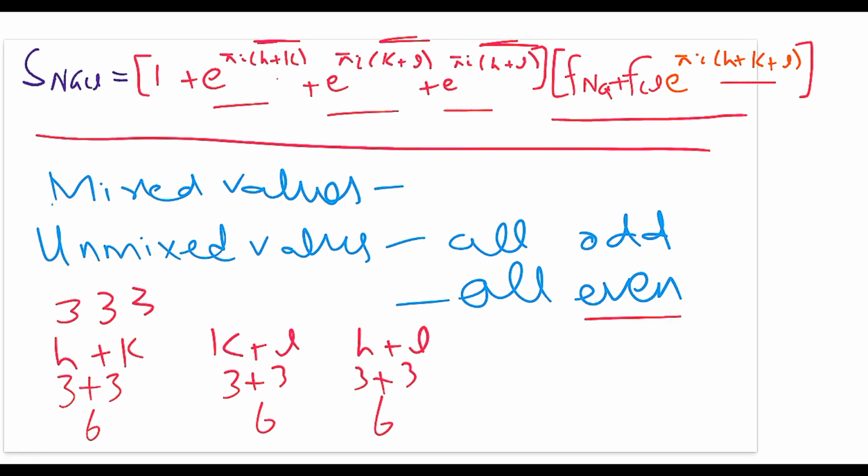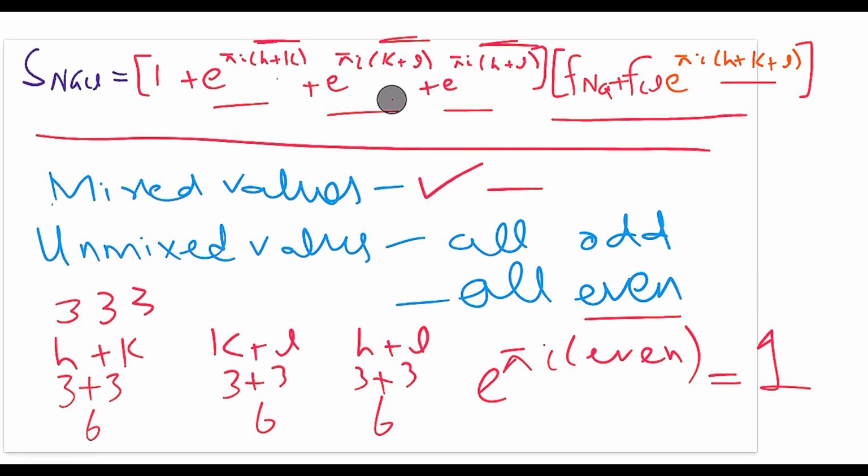So if we have e to the power 2 pi iota times an even number, it is equal to positive 1, and if it's an odd number, then it is equal to negative 1. Overall, in the mixed situation, the answer would be equal to 0, as all of these values cancel out each other.